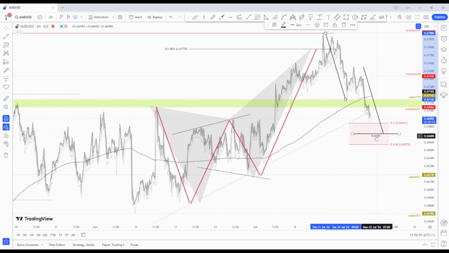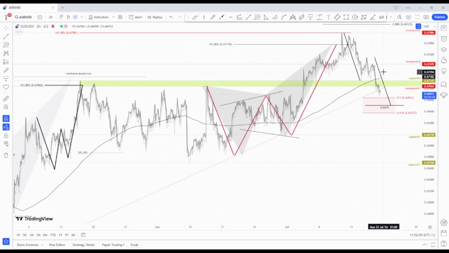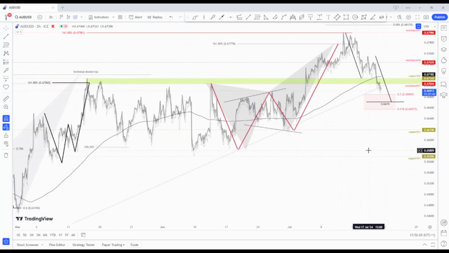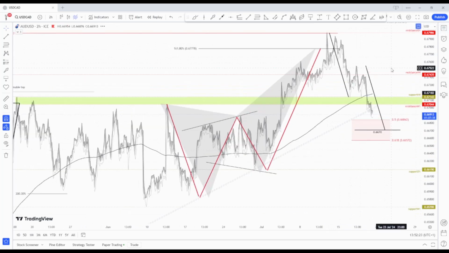So basically we have a symmetrical pattern projected at 66.70, just a few points below the recent lows. Eventually this session will not be enough to put the price there, but it is something to pay attention to for next week: the formation of this symmetrical pattern for the Australian dollar.